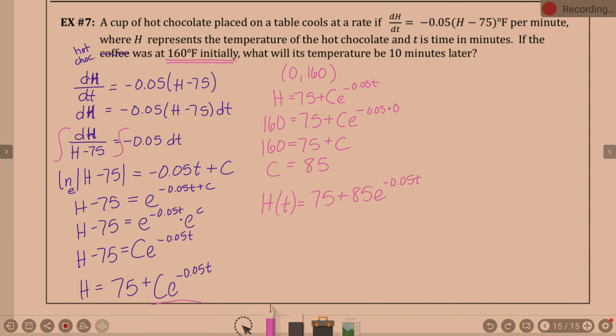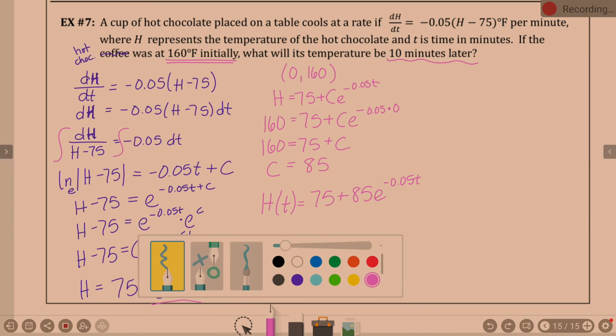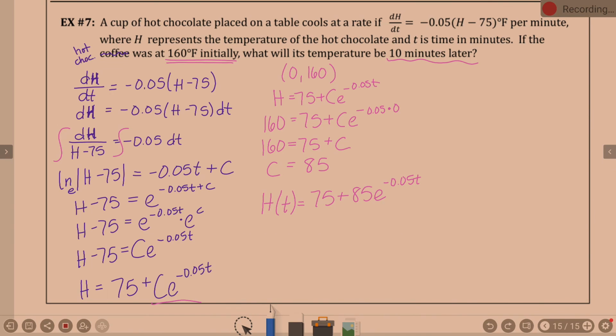And what were we asked? What will the temperature be 10 minutes later? So what am I doing? Plugging in 10. 75 plus 85 e to the negative 500ths times 10.